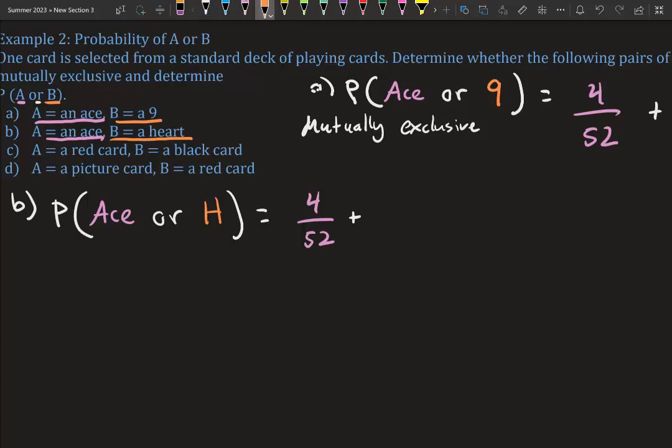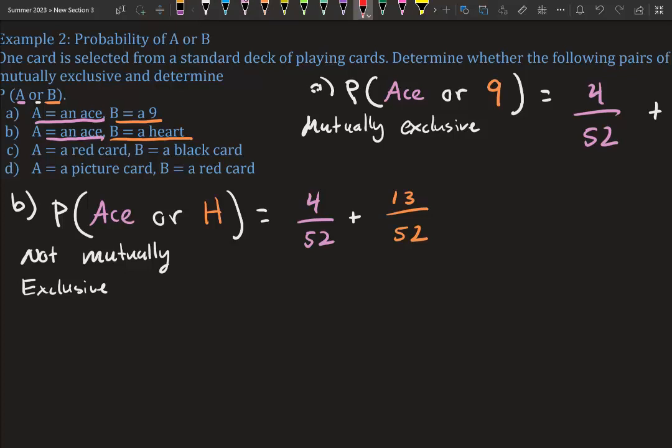The probability of a heart card, if we look at all of the hearts, 13 of them are hearts. So 13 out of 52 are heart cards. However, we have heart cards that are aces. We have 1. So this is not mutually exclusive.